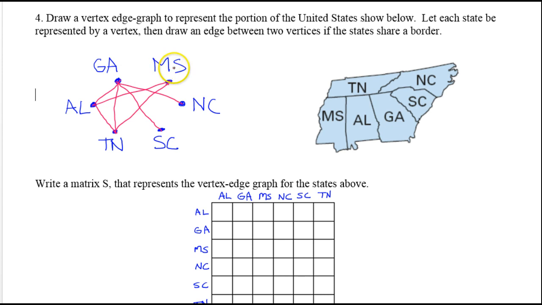Georgia shares a border with South Carolina. How about Mississippi? Mississippi shares a border with Alabama and Tennessee. Oh, you know what? We had already done Mississippi. How about North Carolina? North Carolina shares a border with Tennessee, Georgia, and South Carolina.